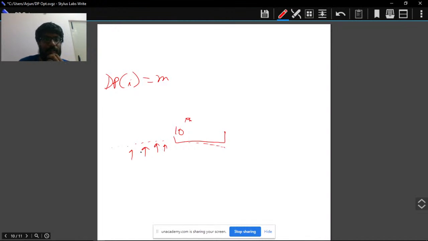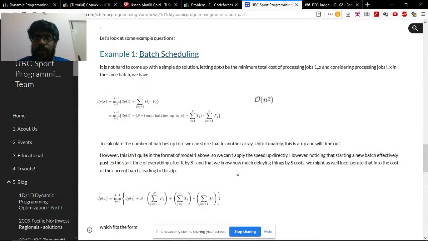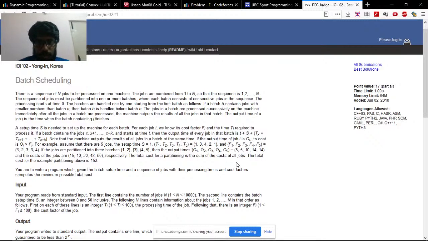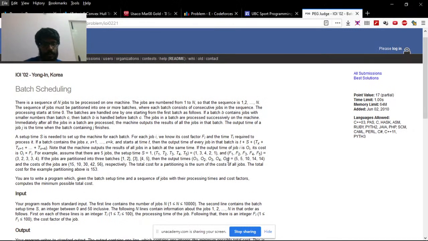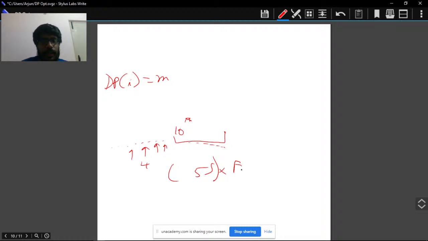So if I've added 4 batches before me, including this, it's the 5th, so it's the sum of all the Ti's plus 5S. That will be the ending time of this job. And that ending time is going to be multiplied by the cost factor, which I think is called F, so it's going to be multiplied by F10.